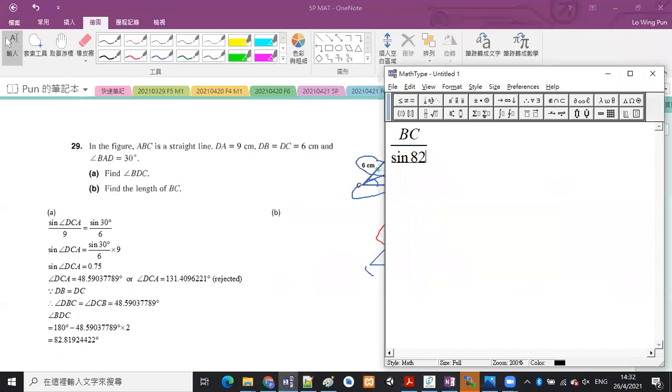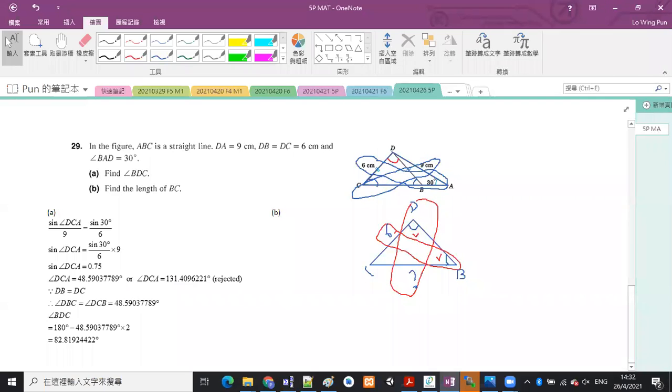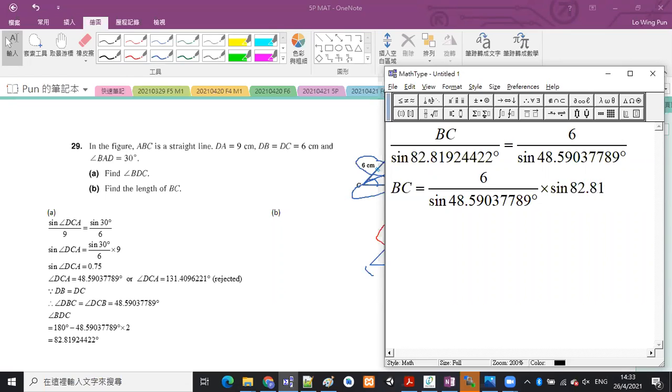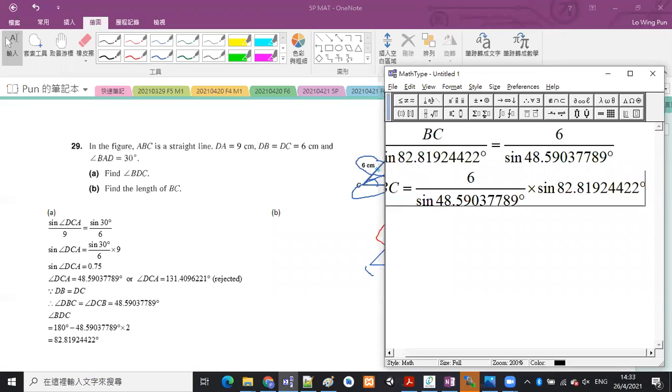So that should be 82.81924422 degrees is equal to 6 over sine the other angle. So that should be 48 point something, 59037789 degrees. Okay, so BC is equal to 6 over sine 48.59037789 degrees times sine 82.81924422 degrees.